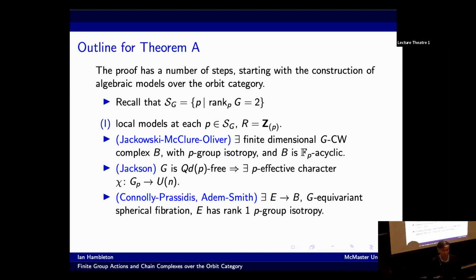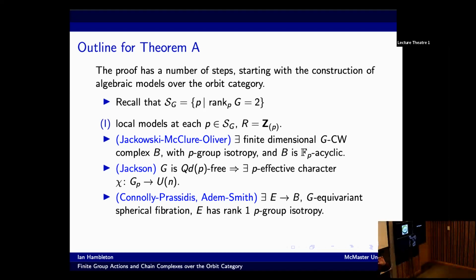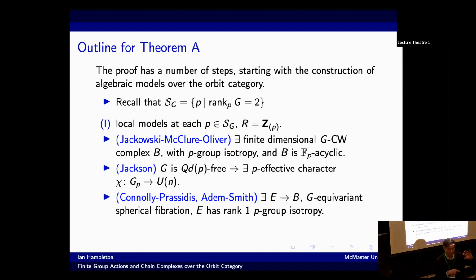So over a fixed point, you take a linear representation on a sphere with that isotropy. And that's going to be like a building block for your spherical fibration. You could perhaps imagine doing this cell by cell, constructing your spherical fibration cell by cell. And you need some compatibility over the boundary of the cells, which has to do with understanding the homotopy groups of the equivariant automorphism groups of spheres and representations. That stuff was done by Beck and Schultz.